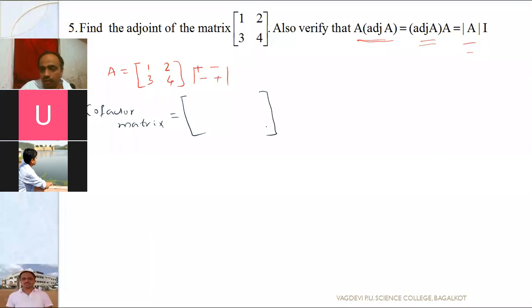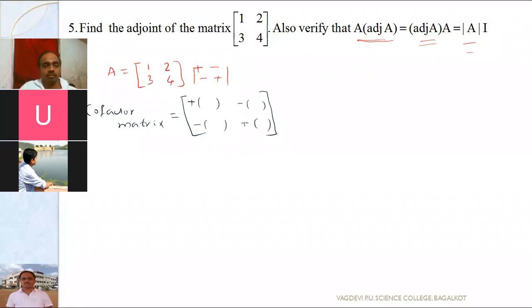Directly, I'm going to write the cofactor matrix. First, see, there is one technique here. First, I'll write sign plus, then I'll put a bracket simply, minus, put a bracket, then after that minus, put a bracket, plus, put a bracket. This is one technique directly.